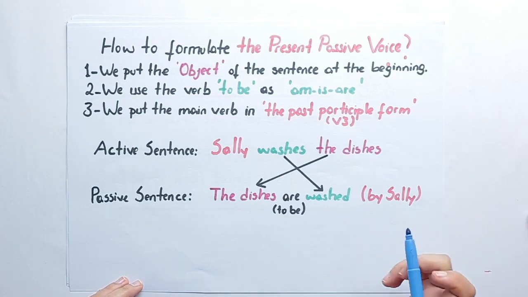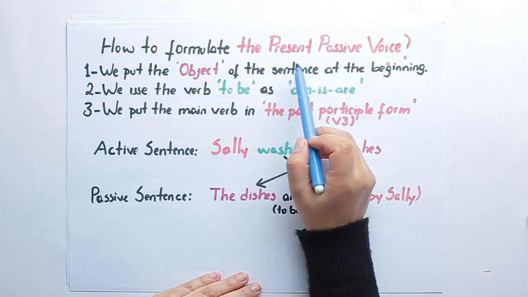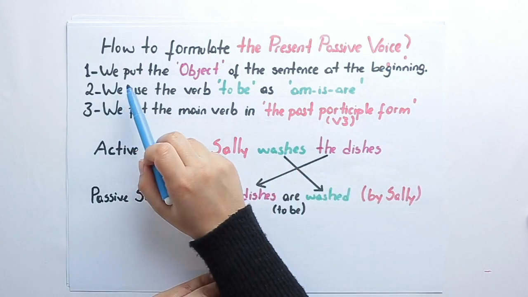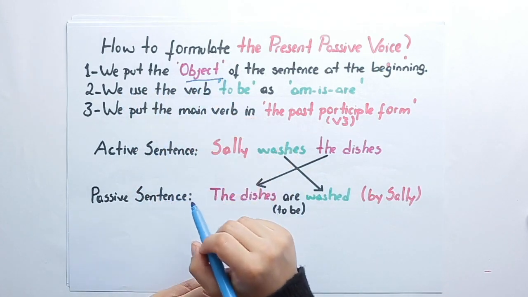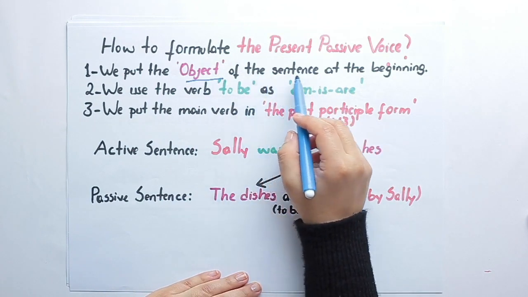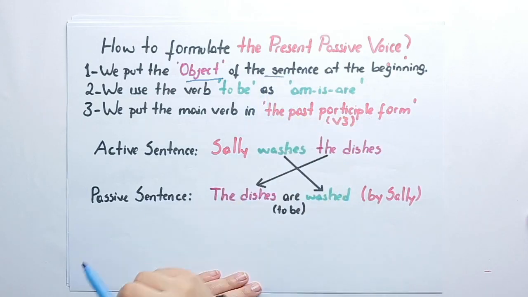Let's see how to formulate the present passive voice. First, we put the object of the sentence at the beginning. We put the object of the active sentence, okay?